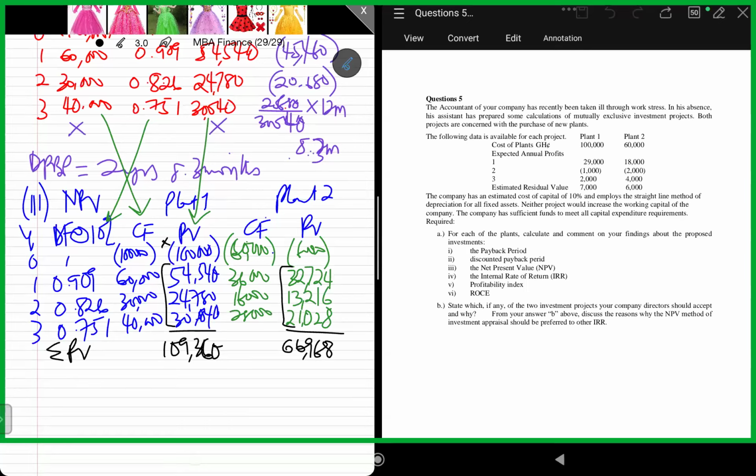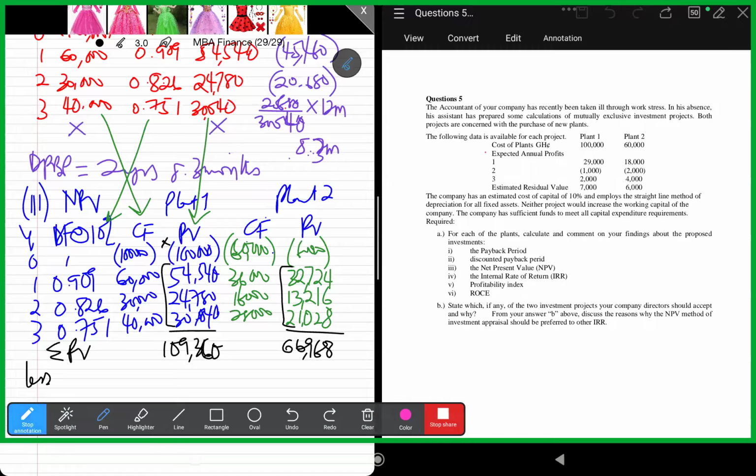Yeah, that's it. Then you will say less cost of investment. Another name for this figure is the cost of plant, or the cost of the asset.